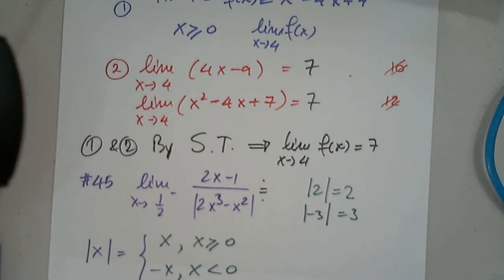What will you say about the numerator? Where is the numerator going? Can't you just leave it as 2x minus 1? Where is it going? Yes, it is 2x minus 1, but I'm talking about the limit. 0. Yes, I agree. Where does the denominator go?